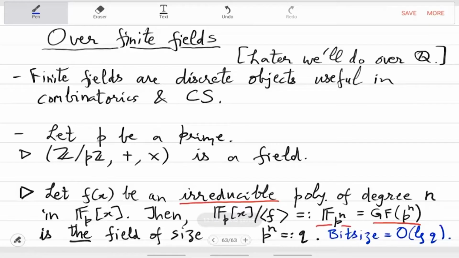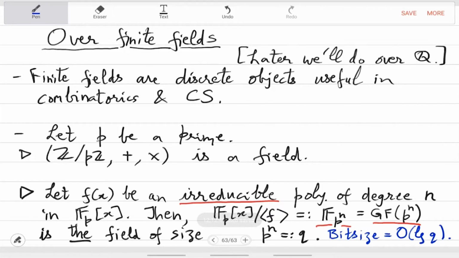So this actually is the standard representation. You think of an element as n numbers. When n is 1, it's only one number, which is an integer between 0 and p minus 1. When n is equal to 2, then you are talking about two numbers.